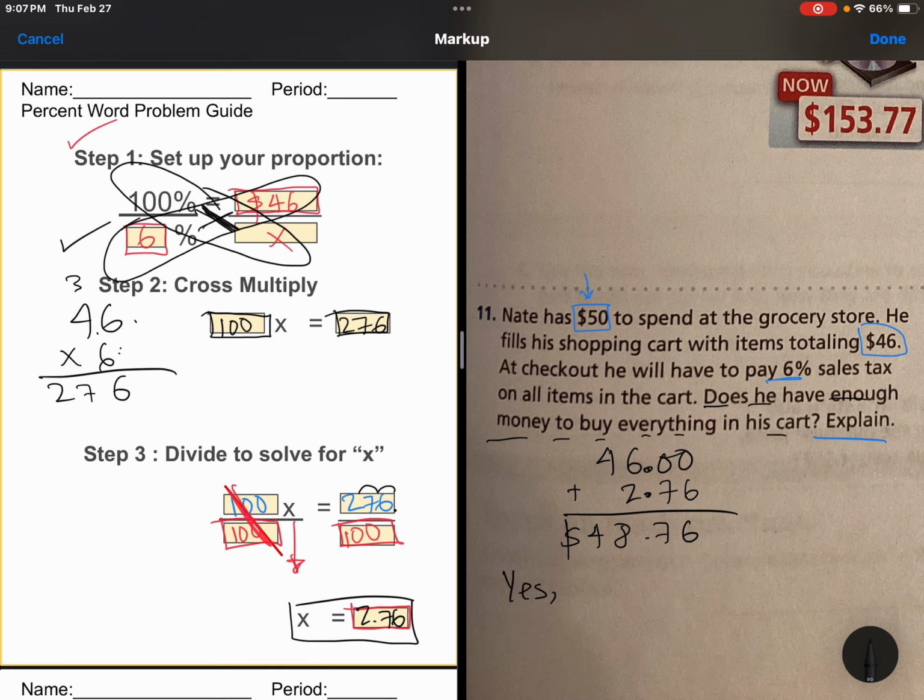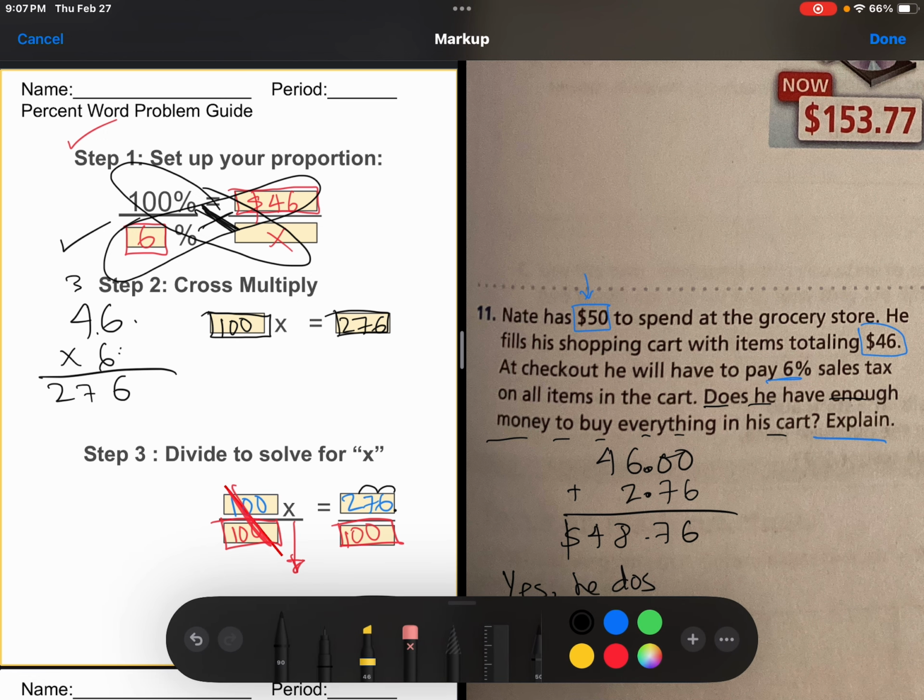Yes, he does have, does, no, not does, does. So let me just erase that.